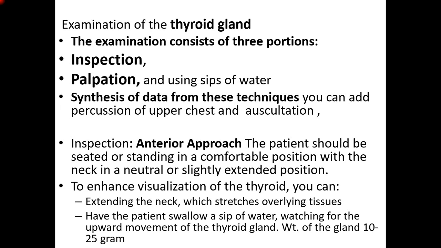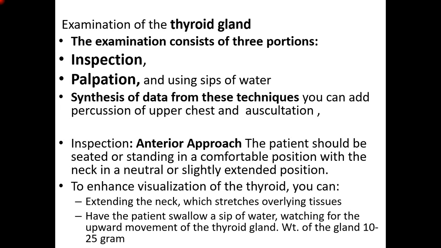To enhance visualization of the thyroid gland, you can extend the neck, which stretches overlying tissues, and have the patient swallow a sip of water, as I mentioned. So during inspection, you ask the patient to drink sips of water, and during deglutition you can see the movement of the thyroid gland.